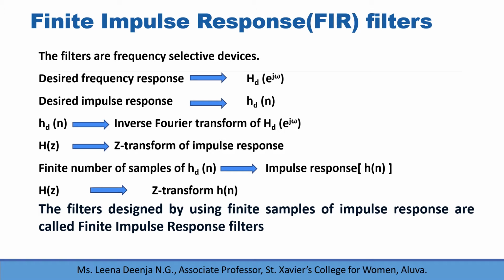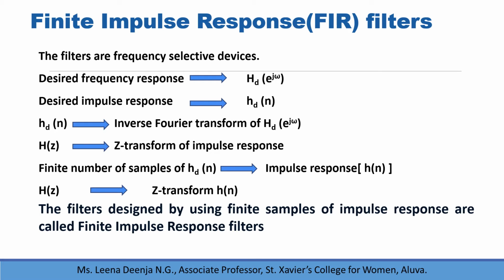H(z) of the digital filter is obtained by taking the z-transform of the impulse response. Since hd(n) is an infinite duration signal, the transfer function obtained from hd(n) will have infinite terms. This cannot be realized or implemented in a digital system.